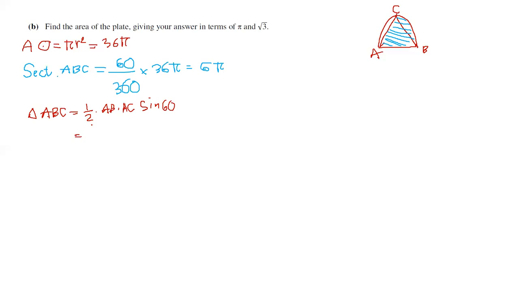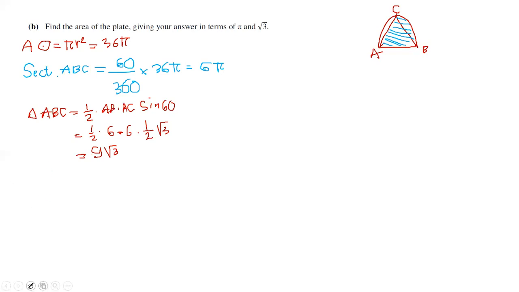It becomes a half times 6 times 6 times a half square root 3, which is 9 square root 3.